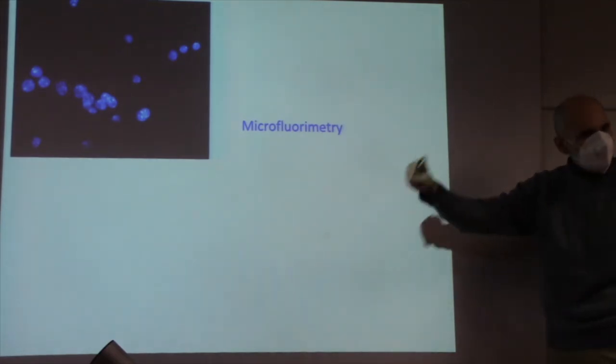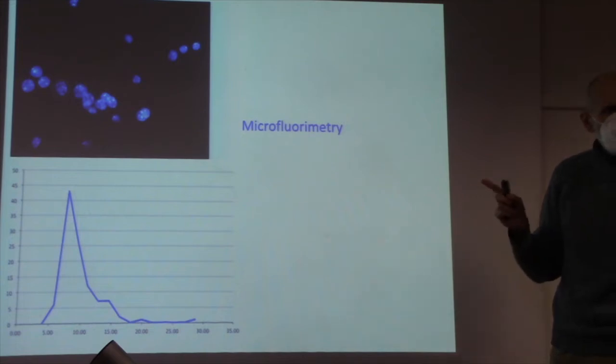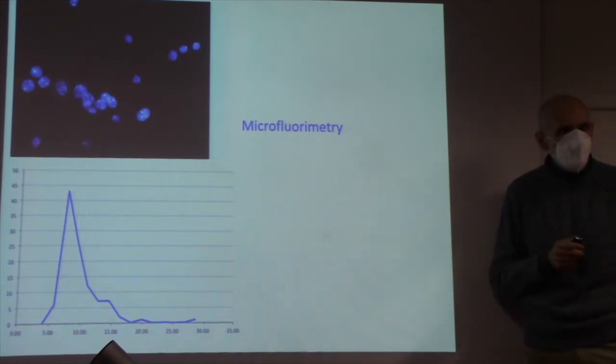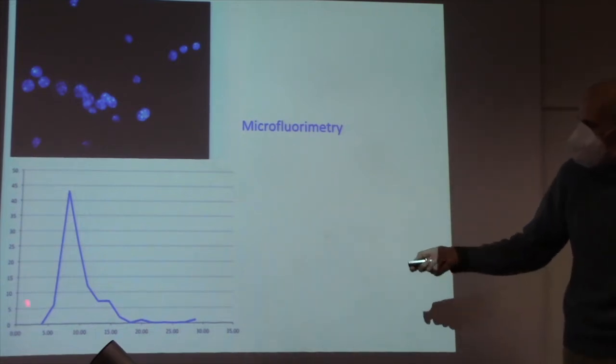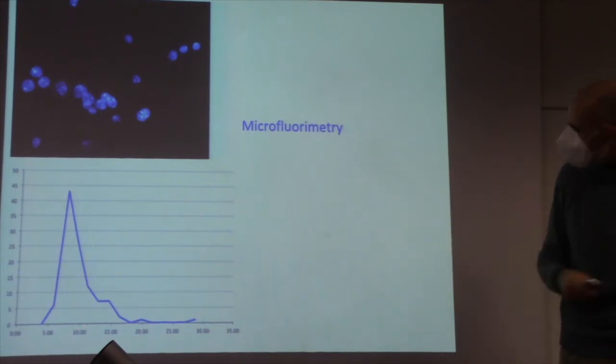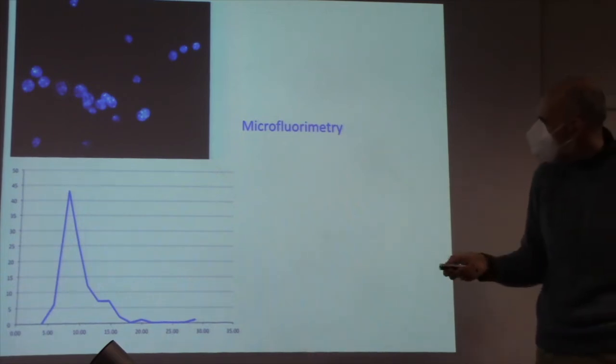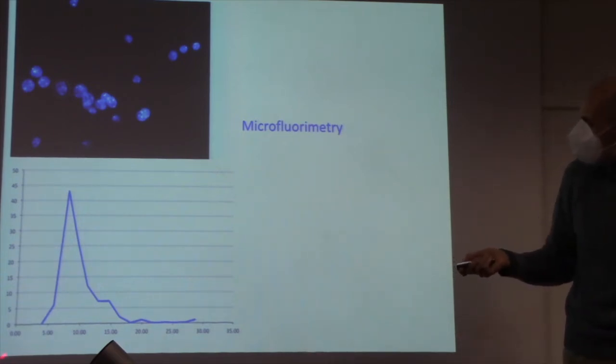And then we plot these numbers like this. And when we measure unreplicated myotubes, most of the nuclei, essentially nearly all of the nuclei except for some biological strange things that we don't care about in this context, basically all of the nuclei have the same content of DNA.